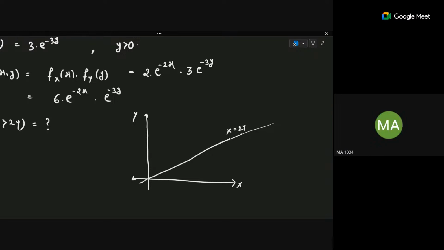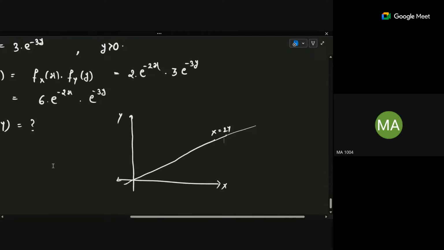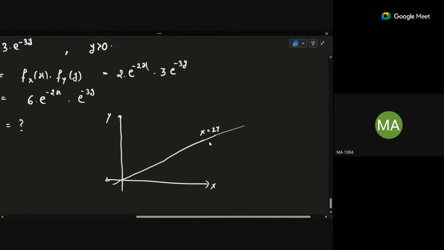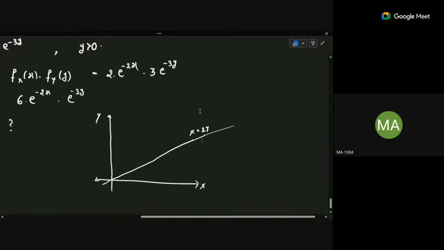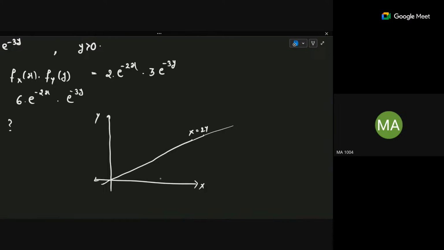Yes, that's why I took this example. Here we need to look at the graph. Do you know how the graph of e power minus x looks like? It's something decreasing, right? This kind of decaying graph.